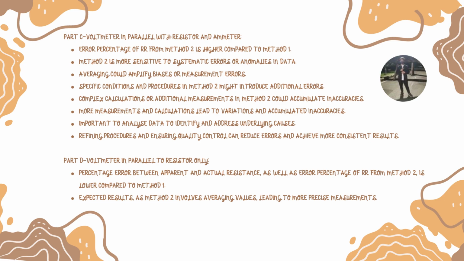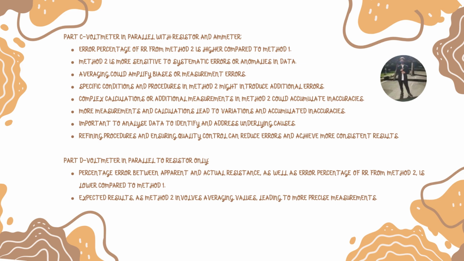Method 2 might be more sensitive to systematic errors or anomalies in the data, and averaging could amplify these issues rather than mitigate them. Additionally, specific conditions and procedures in Method 2 might introduce additional sources of error, such as complex calculations or additional measurements, which could accumulate inaccuracies.